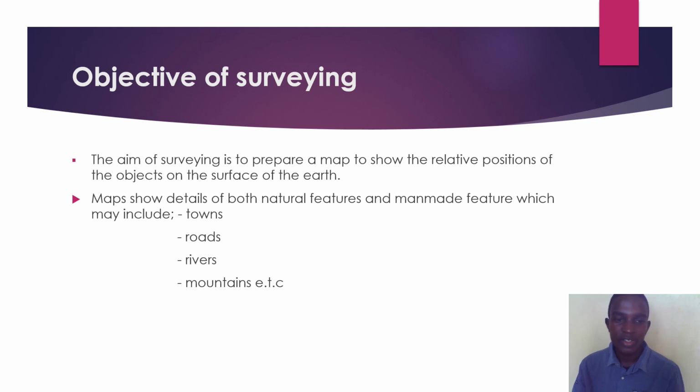These maps can show details of all the things you put on the map, which can include towns, roads, rivers, mountains, all the things you can think about that are on the surface of the earth.